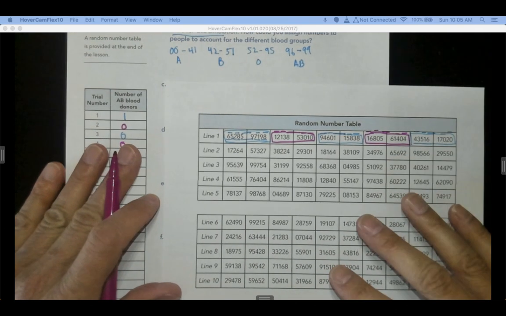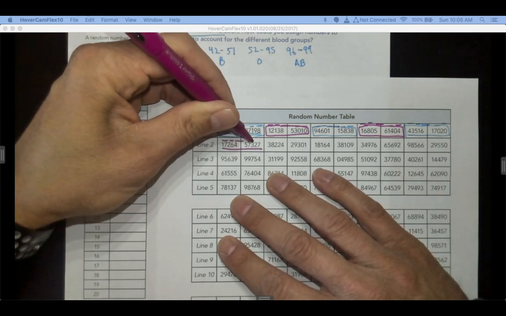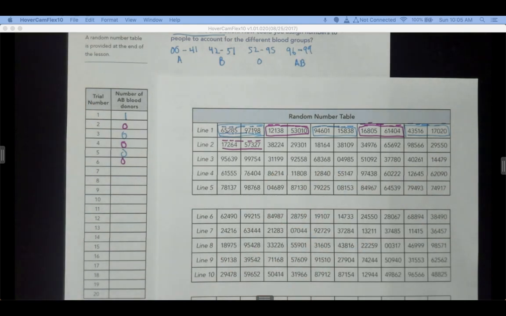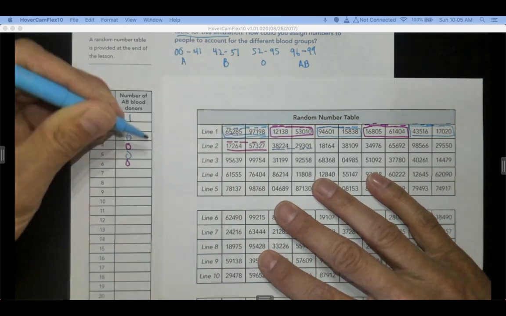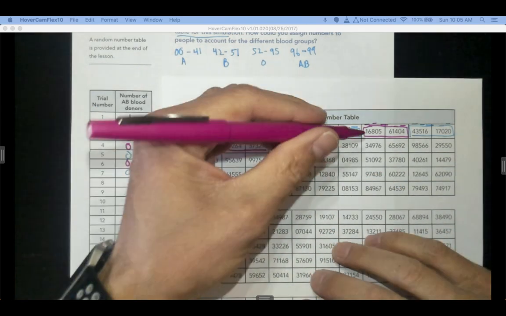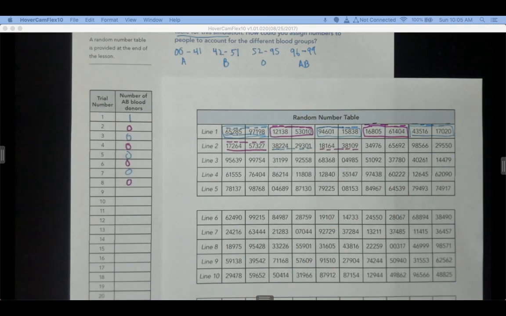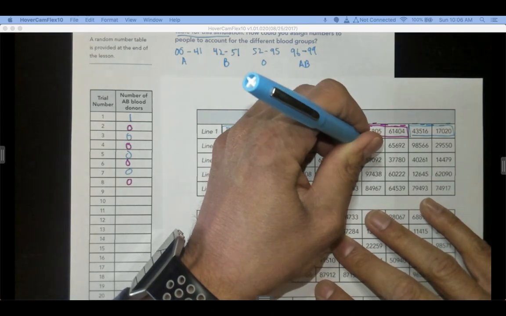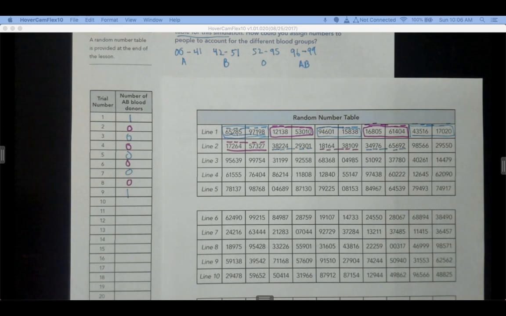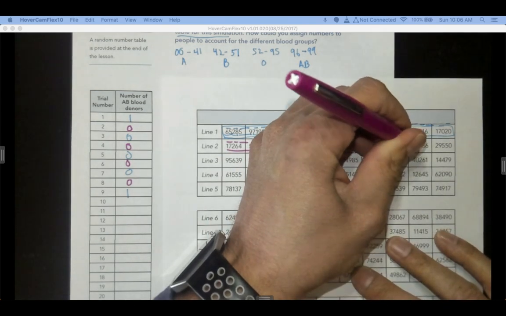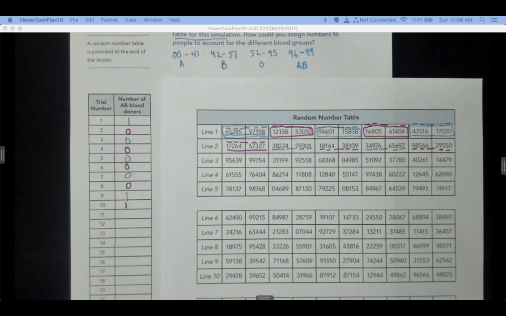I want to keep that in mind. 96 to 99 is what I'm looking for. 17, 26, 45, 73, 27, 0 that are AB donors. 38, 22, 42, 93, 0, 1, 0 are AB donors. 18, 16, 43, 81, 9, 0 are AB donors. 34, 97, 65, 56, 92, 1 is an AB donor. 98, 56, 62, 95, 50, 1 is an AB donor.